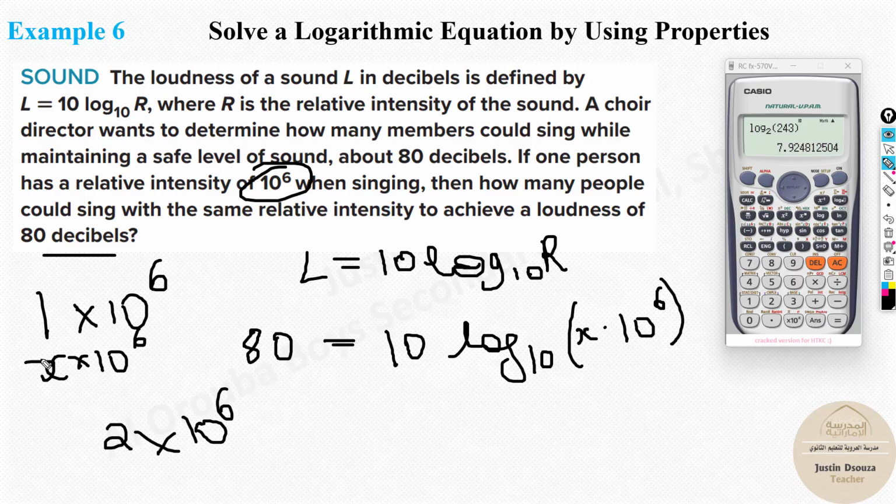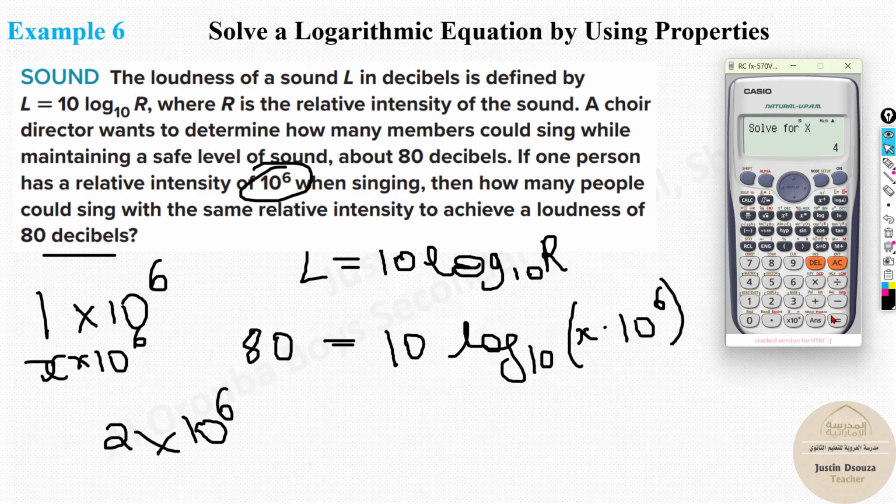What they want to know is how many people can be used in the choir to reach 80 decibels. All you need to do is take this equation and put it in the calculator: 80 equals 10 log base 10 of an unknown value multiplied by 10 to the power 6.